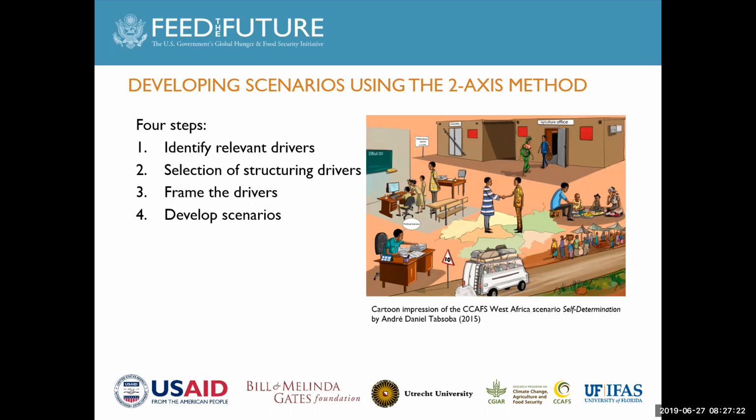We start by identifying relevant drivers or factors of change. Then secondly, we will select from all these identified drivers two structuring drivers, which will form the two axes which structure the four scenarios that we will work with. Then thirdly, we are going to frame the drivers, and fourthly, we are going to actually develop the scenarios.